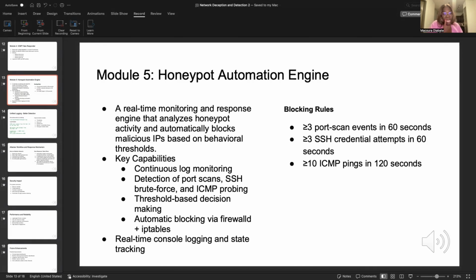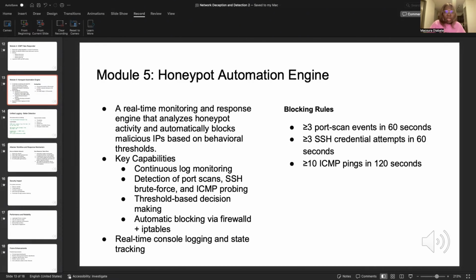So the honeypot's automation engine, which is the core defense component of the system. This engine continuously monitors all honeypot logs in real time and classifies events such as port scans, SSH login attempts, and repeated ping activity.